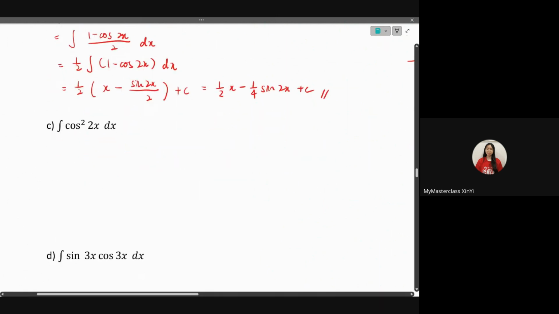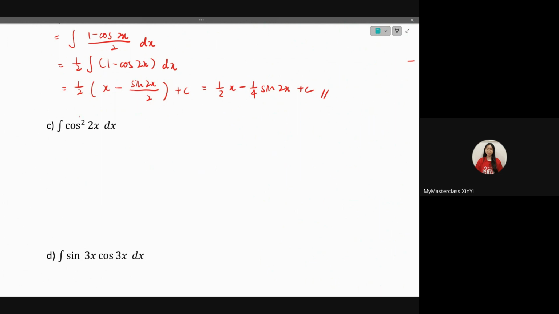Then here, when I integrate cosine square 2x, same thing when you see powers in trigo, make sure you change it based on their identity, because I cannot use so-called power rule or reverse chain rule in trigo. So I need to change it into integration of cosine 4x plus 1 over 2 dx. Why do I need to do that?